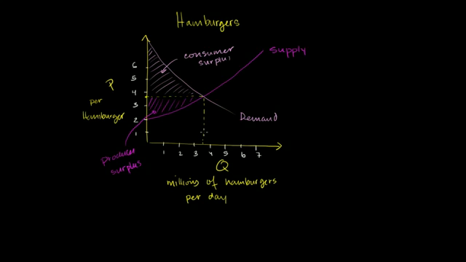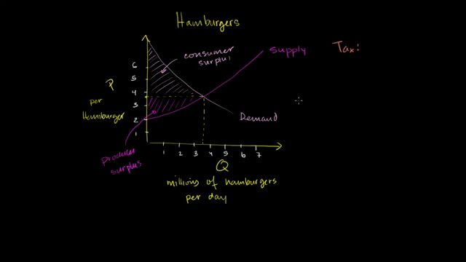Now, the government in this hypothetical civilization says, wow, a lot of hamburgers are being sold. We need more revenue for the government to do other things, or maybe to pay off their debt, or whatever they need to do. And so they decide to tax hamburgers. They're going to make it very simple.